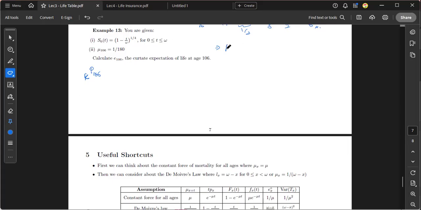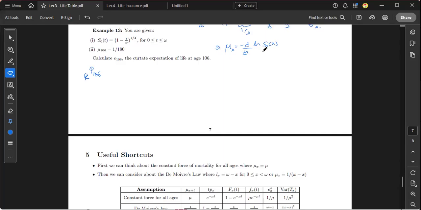So let's start from here. We know that for the force of mortality, to get the mu, we need to differentiate the log value of the survival function.